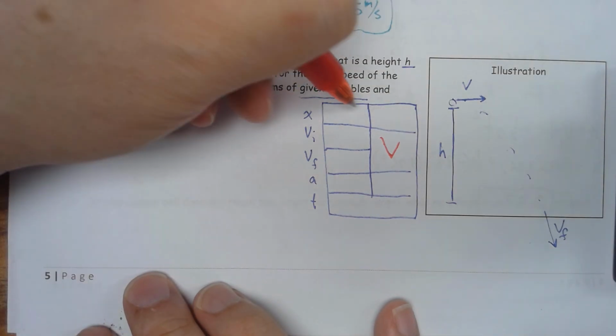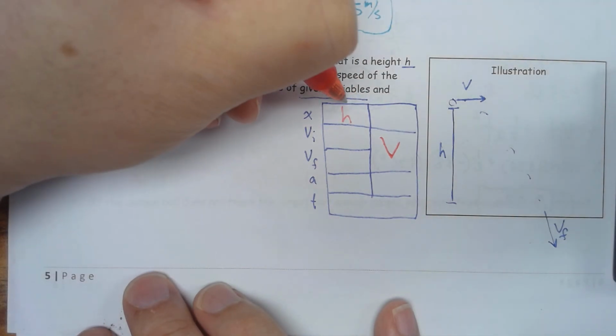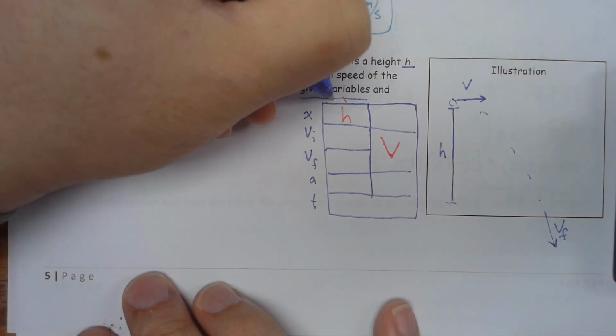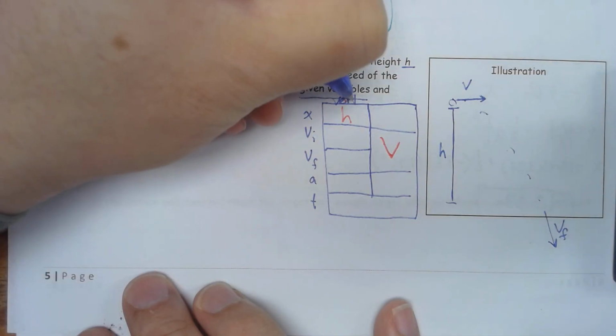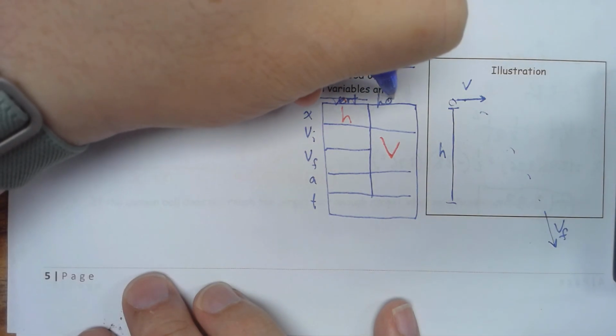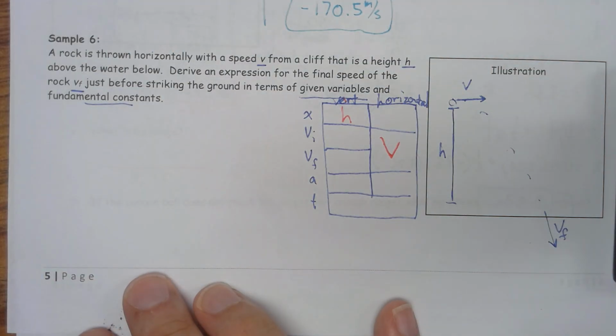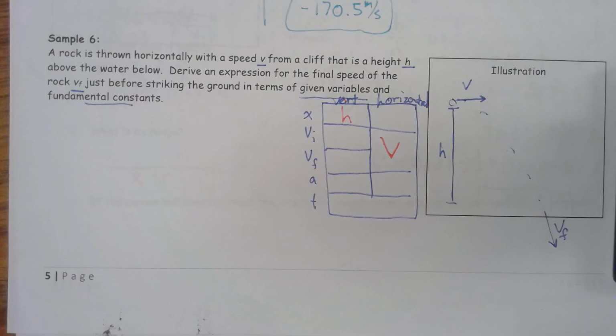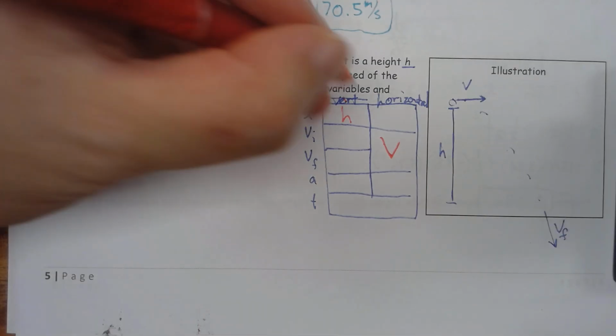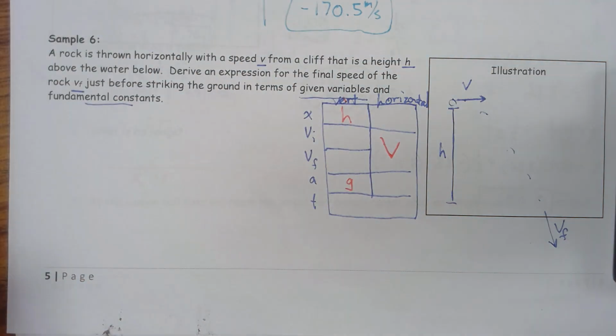Which displacement? Vertical displacement. So this is the vertical column if you're following along on the internet. Vertical. This is horizontal. And then we could say the displacement in the horizontal direction is velocity times time. We know gravity. I'm going to use letter G. What else do you know? You know two more things.